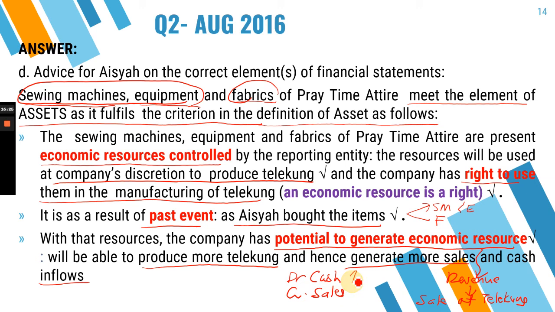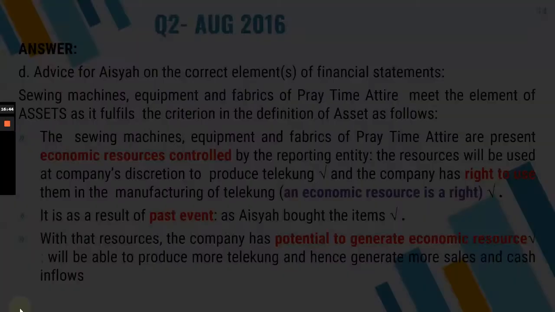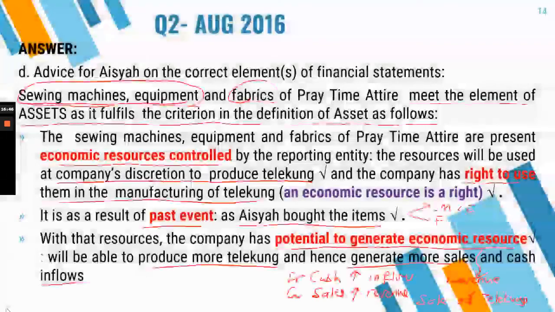So an increase in cash, more inflow, and generating more sales, credit sales. That means it is also generating more revenue. So in terms of financial performance, that's it. There is no more.